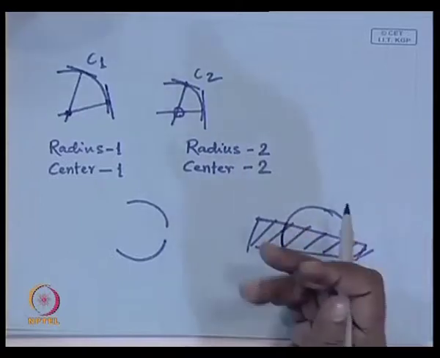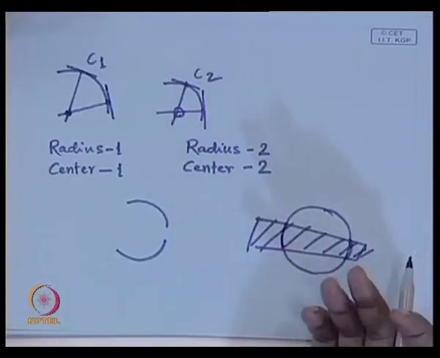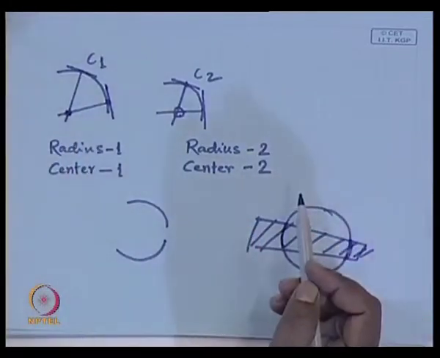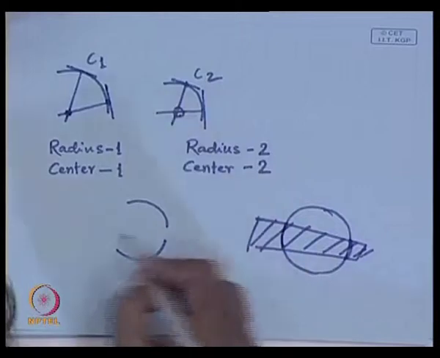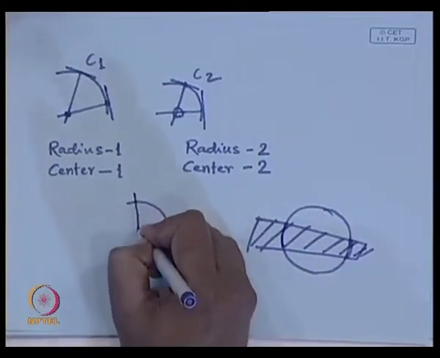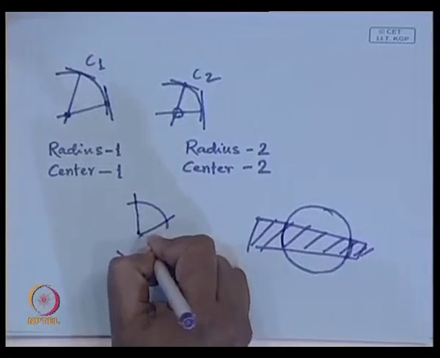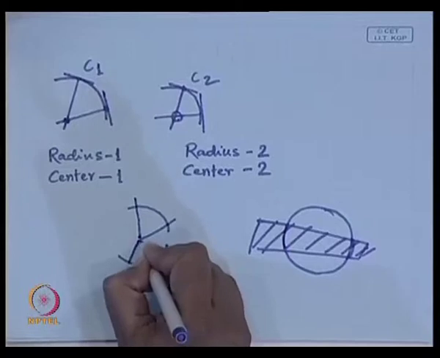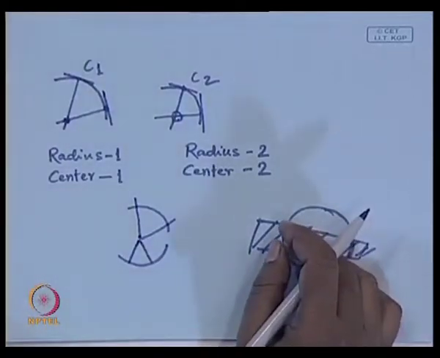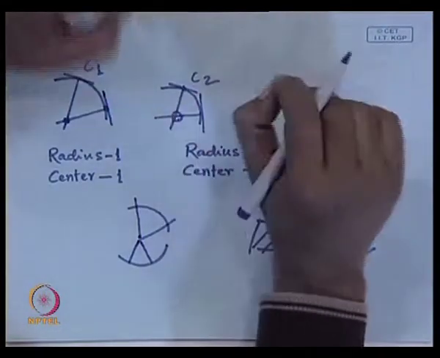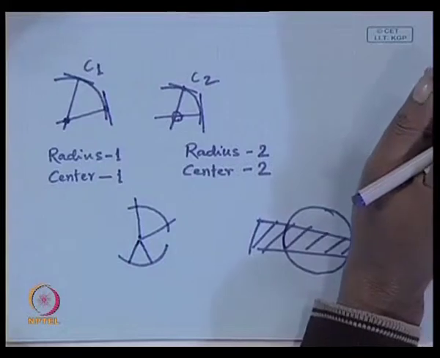Now, in this case, if I want to find out whether they are part of the same circle or not, I will perform a similar type of operation, find the location of the center, and here you will find that the location of the center considering this arc and considering this arc will be the same, or they may not be exactly the same, but they will be very close to each other, or the distance between these two centers is very small.